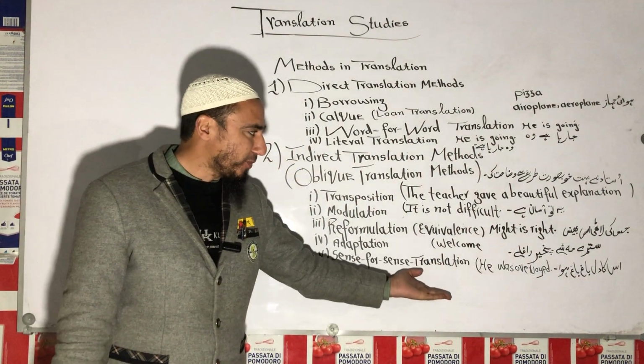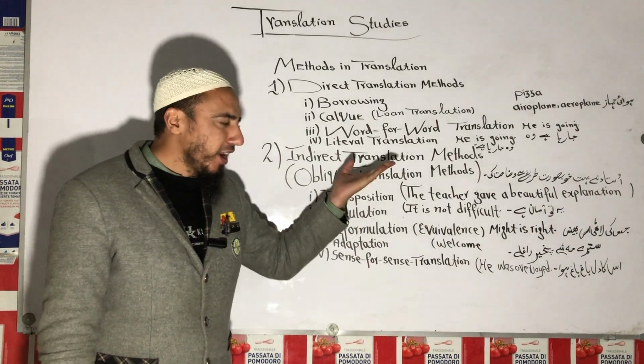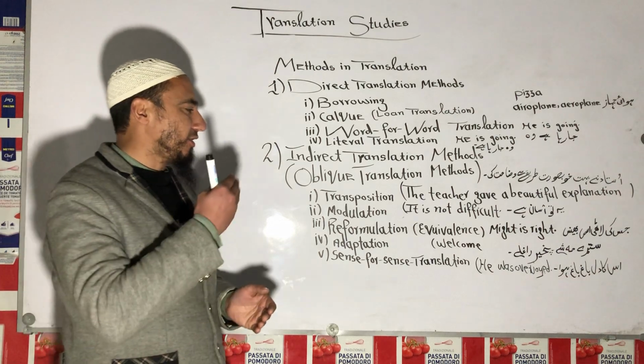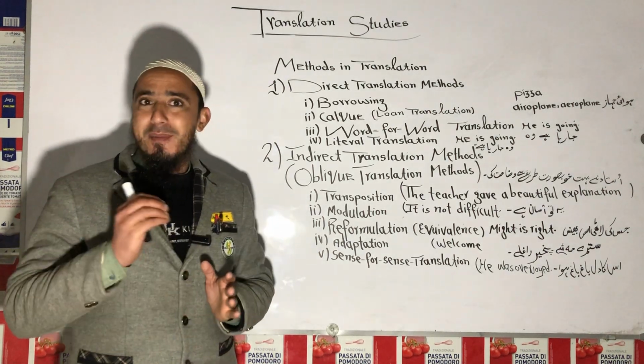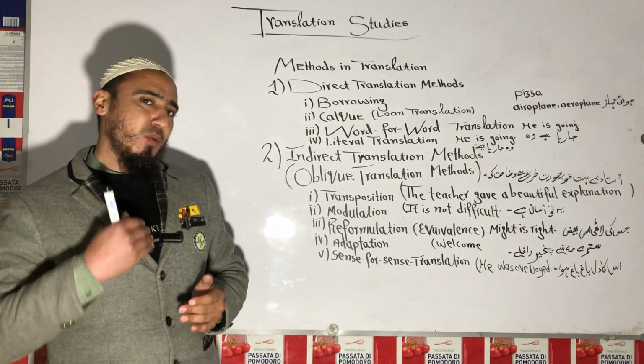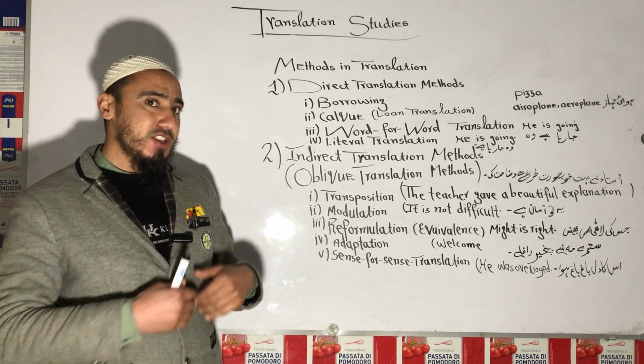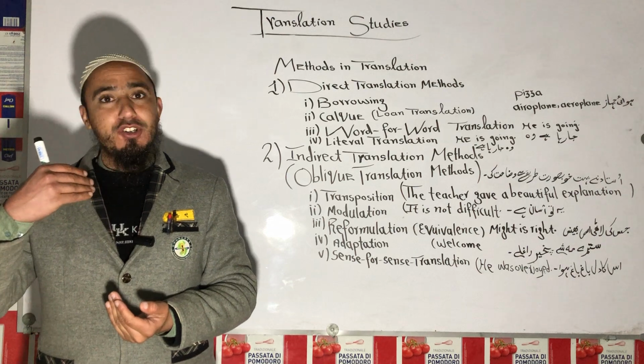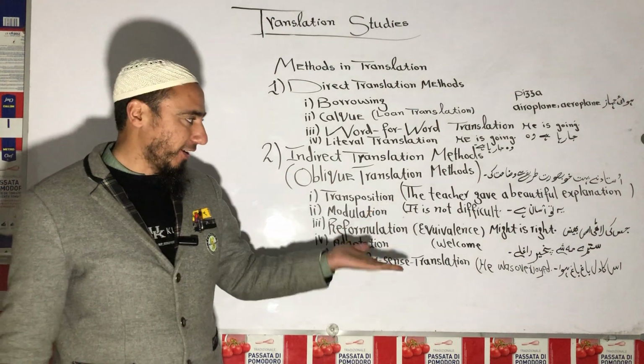And the last one is sense-for-sense translation, which I already discussed in detail. Sense-for-sense translation means the message, the meaning of the source text, is transferred to the target text.